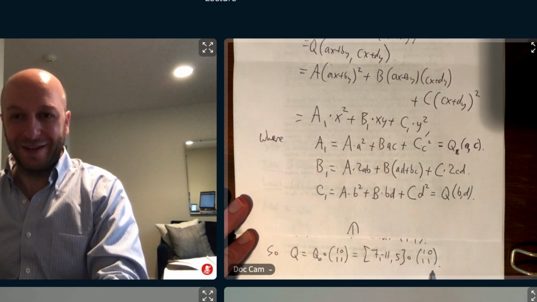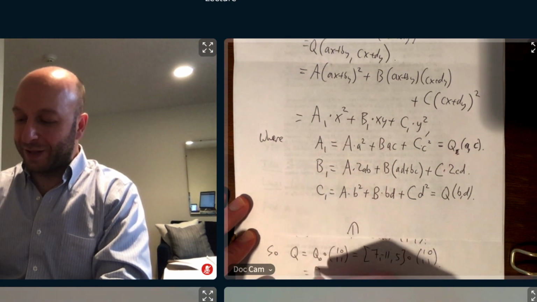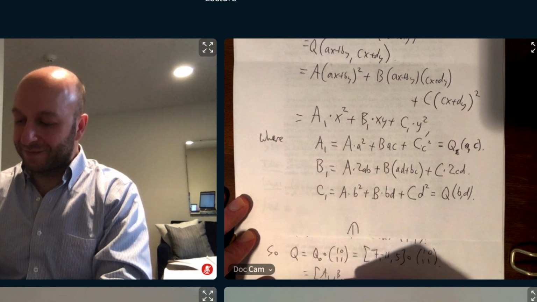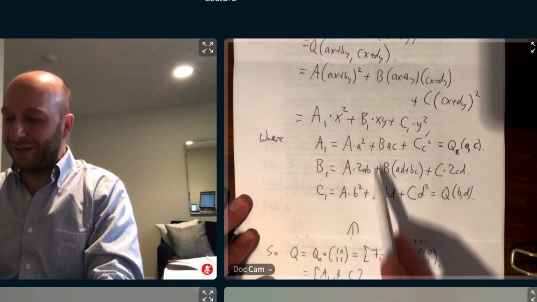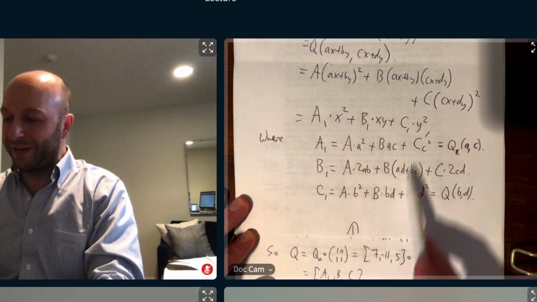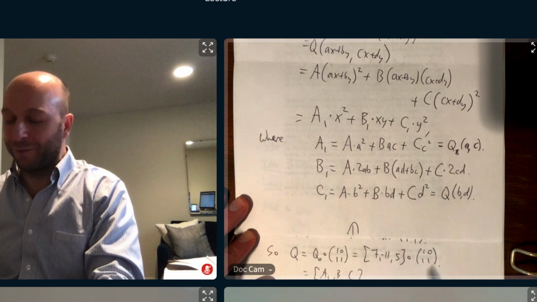Does everybody see that? So this will be A1, B1, C1, with big A being 7 and big B equal to negative 11 and big C equal to 5, and little a, b, c, d equal to 1, 0, 1, 1.